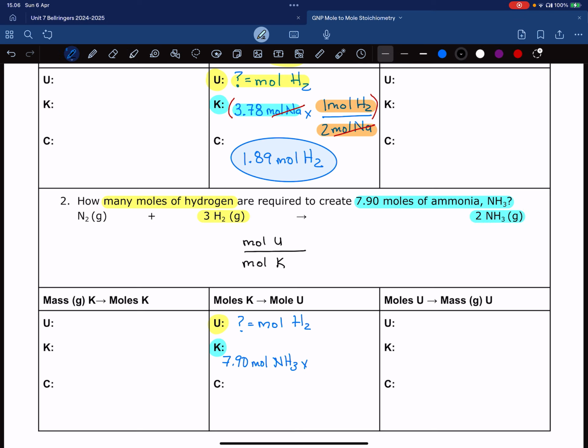Our moles of the unknown, that's the hydrogen, is 3, from here. Moles of the known, that's ammonia, is here.